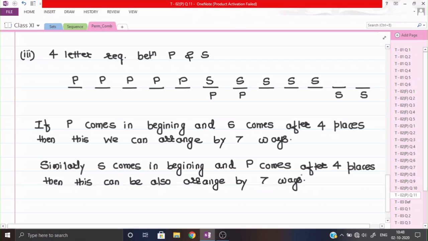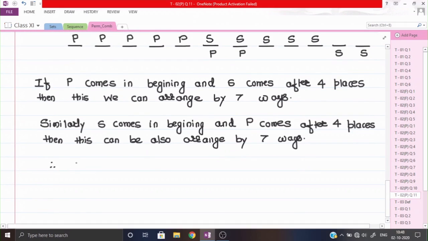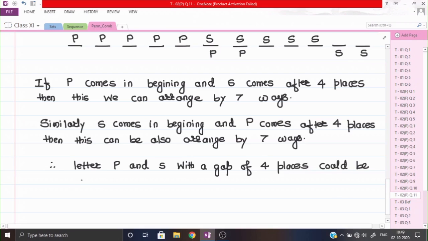So we can say that therefore letters P and S, with a gap of 4 places, could be arranged by 7 plus 7, that we will add, is equal to 14 ways.